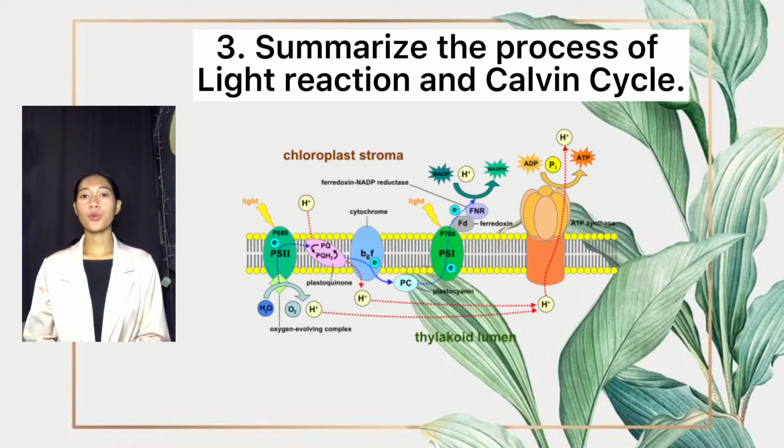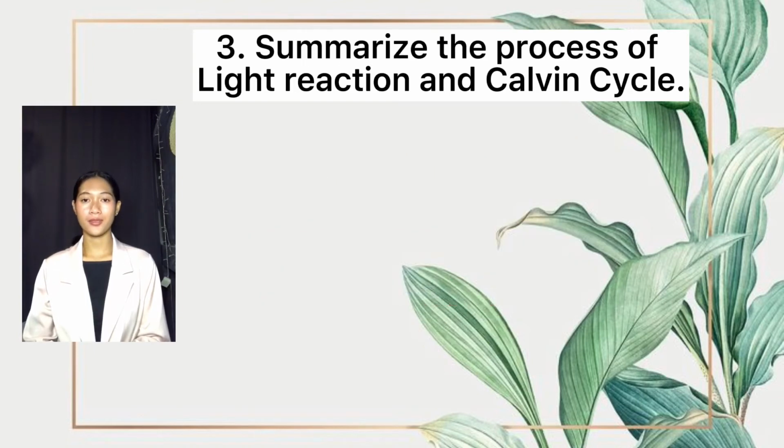Then the electrons move from the photosystem 2 through cytochrome to photosystem 1 and reduce in energy. The electrons are re-energized in the photosystem 1 and the high-energy electrons reduce NADP plus into NADPH.